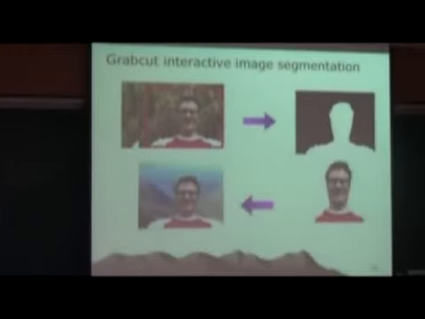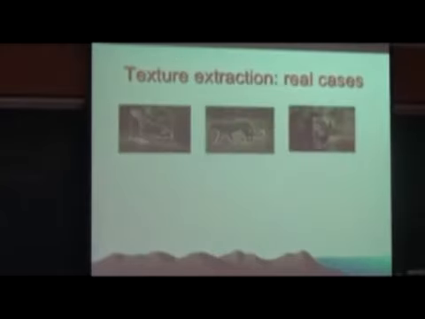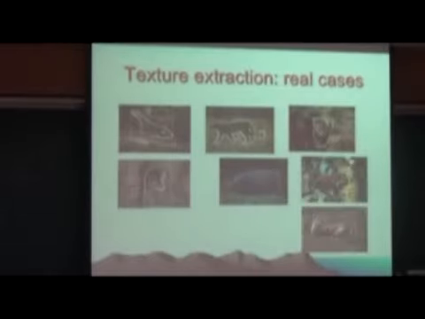Here is just some testing. I guess this is not new for people working with image processing: you can extract the object. Here is a test by one of my students. We use a graph cut to do real texture segmentation.